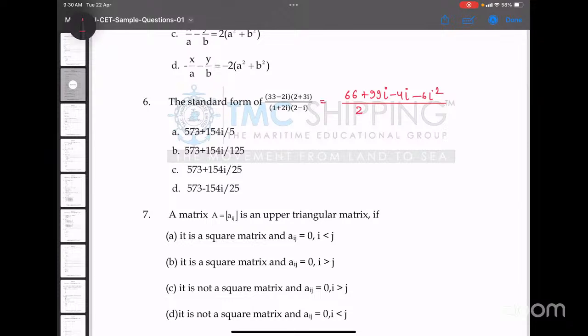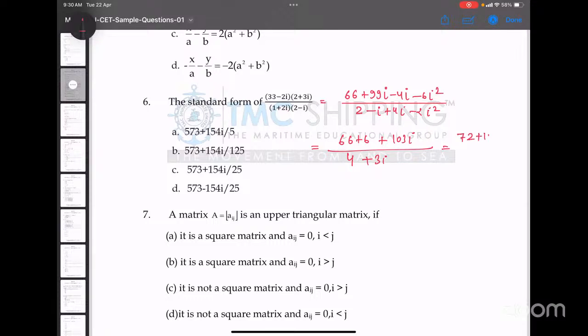Yes. On rearranging, this will be 66. Iota square is -1. -1 into -6 will be +6. Plus 99 plus 4, how much will be? 99 plus 4 will be 103 iota. Divided by, this again will be plus, so this will be 4 plus 3 iota. And here we have 66 plus 6 means 72.